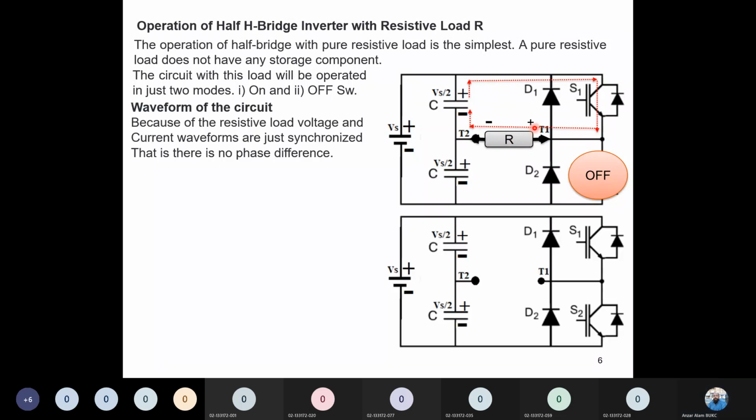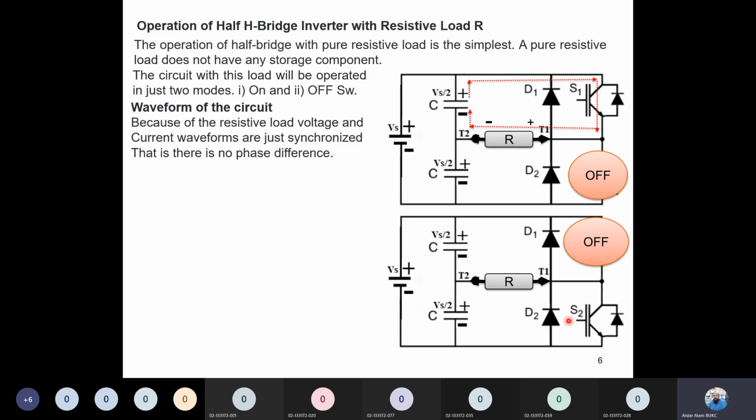Okay. And now in this case, connect the load again. The load is connected with this, but this time this transistor is turned off and this transistor is turned on. So what will be the path of the current? Because this is the second loop, because we are saying that S2 is on.